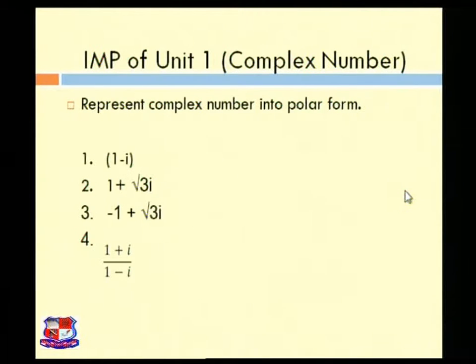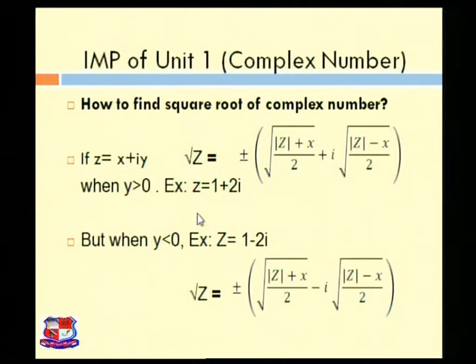Now today we are discussing how to find the square root of any complex number. If z is equal to x plus iy, then the square root of the complex number is given by plus or minus, in brackets, under root of (modulus of z plus x) divided by 2, plus i under root of (modulus of z minus x) divided by 2.